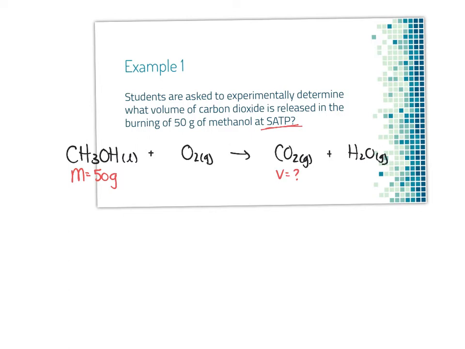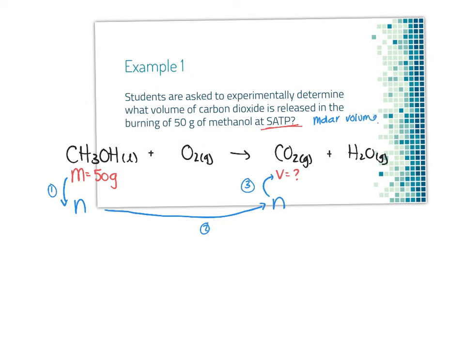So we are going to, in general, convert mass to moles here. Switch from moles of methanol to moles of CO2 using our mole ratio. And then we're going to solve for V, probably in this case because I've got SATP, using molar volume.